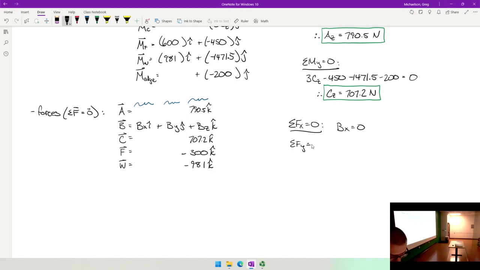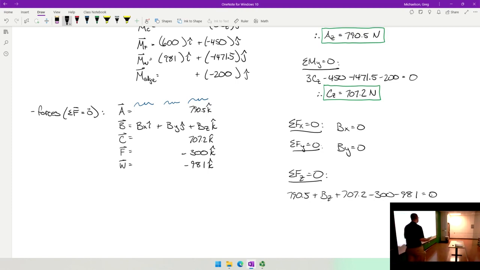Summing forces in the y, we find that By is 0. It's only summing forces along the z-axis that we actually get a value for Bz. And this is the only one where our assumption was incorrect. Because if you look at that, you can see Bz's probably got to be negative in order for that equation to be 0. And if you guessed that, you would be right. Lumping everything over to the other side, you get that Bz is negative 216.7.